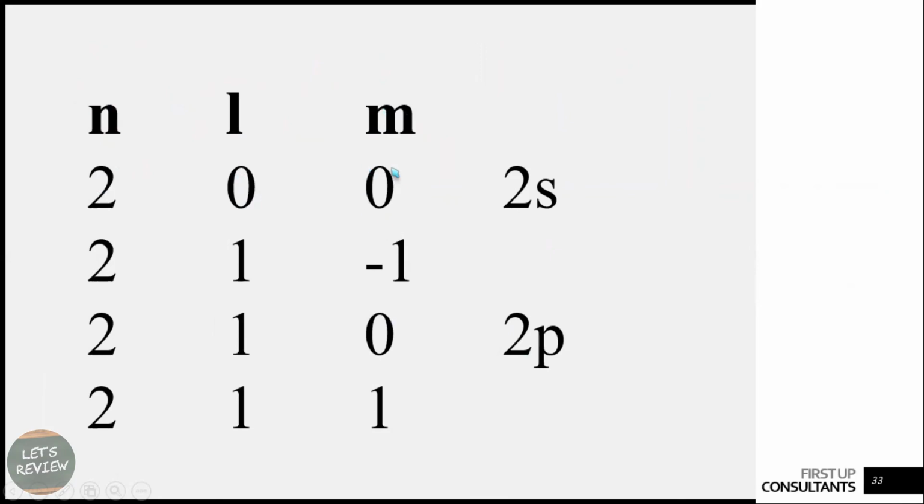If we are going to use the rules regarding this, look at this. If n is 2 again, L can be positive 1. Lower than positive 1 can be 0, right? Or negative 1. Like this in my example.